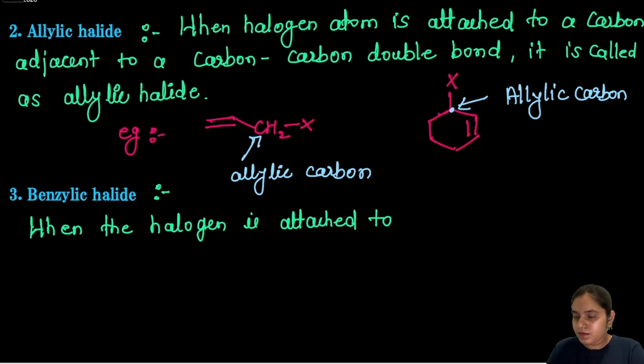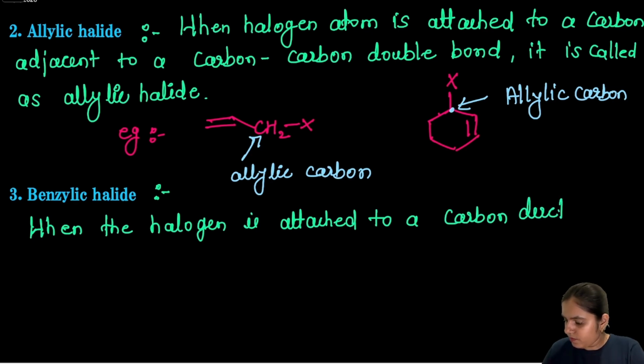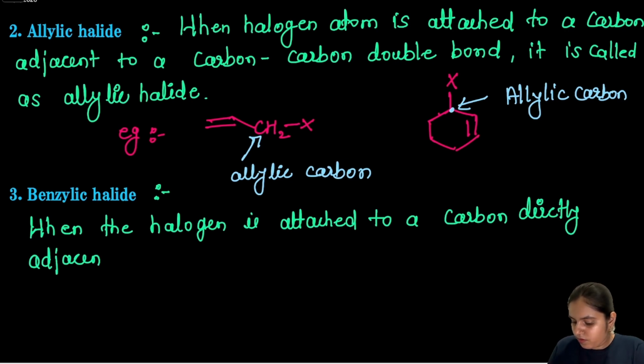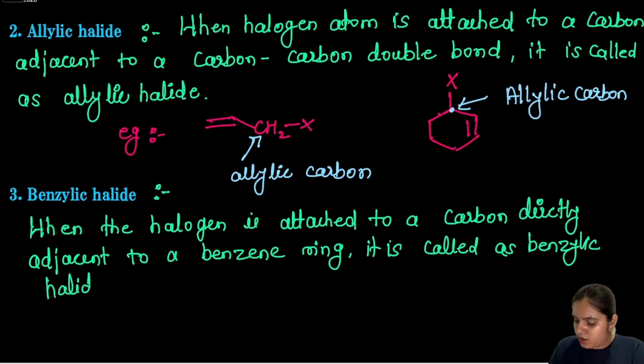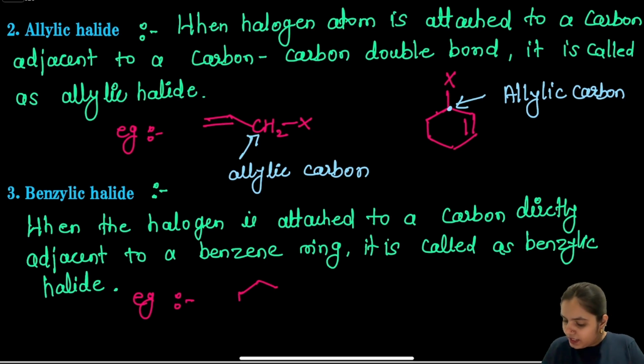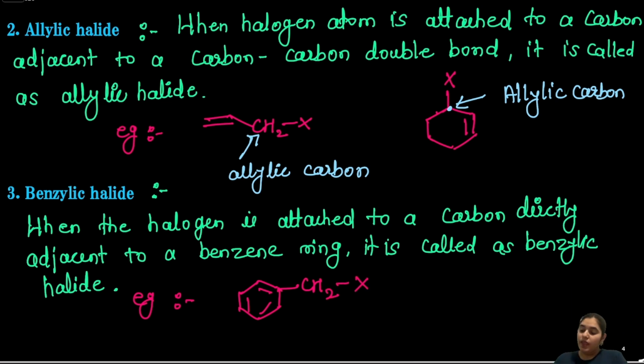So the example of benzylic halide is CH2X, which means the halogen is attached to a carbon directly adjacent to a benzene ring.